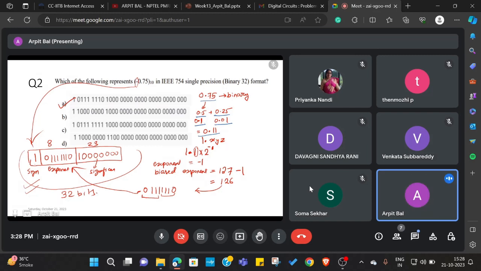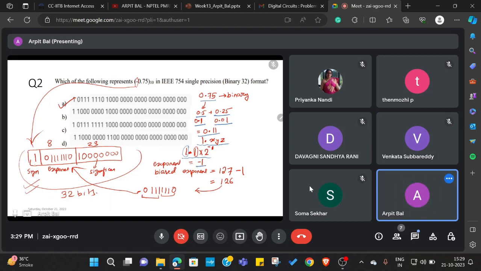For IEEE standard format, I have to keep it in 1.xyz format. To get it in that format, I write it as 1.1 into 2 power minus 1. Here 1 is implied anyways. Implied means you need not represent it in the significand field. My exponent is minus 1.